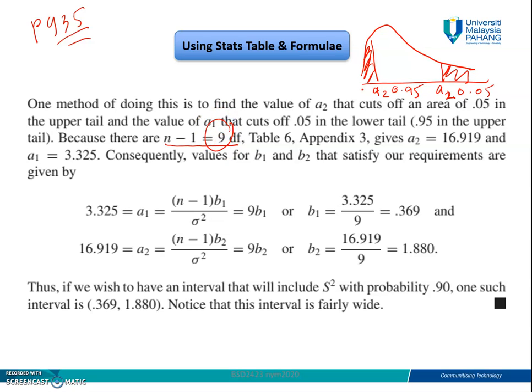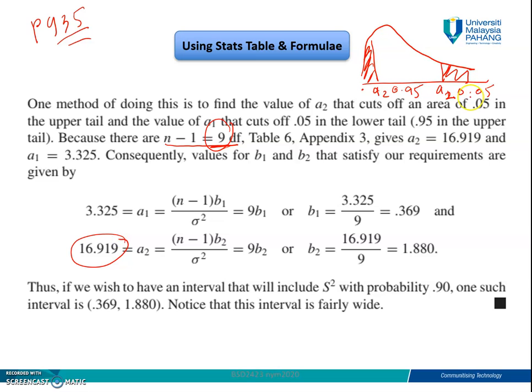Now look at your statistical table, page 35. Your degree of freedom is equal to 9, and then 0.05, you get 16.919.